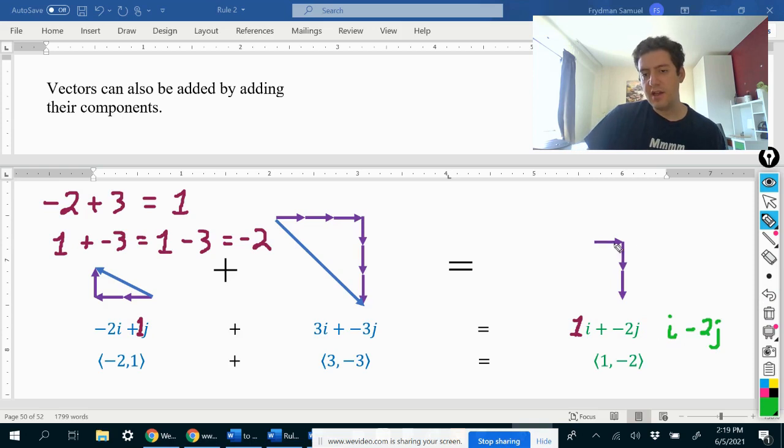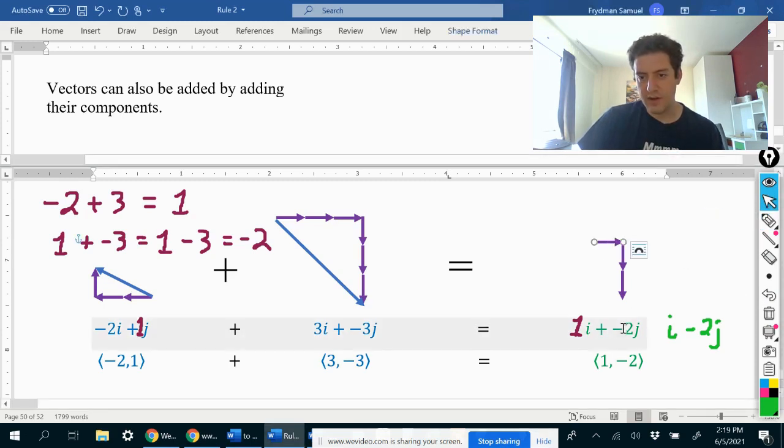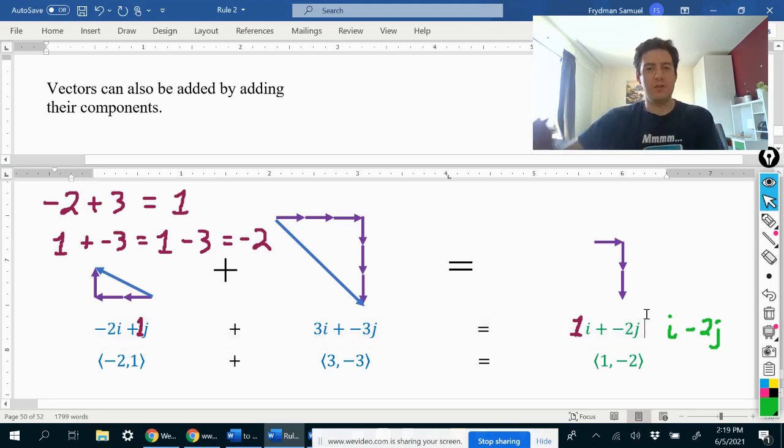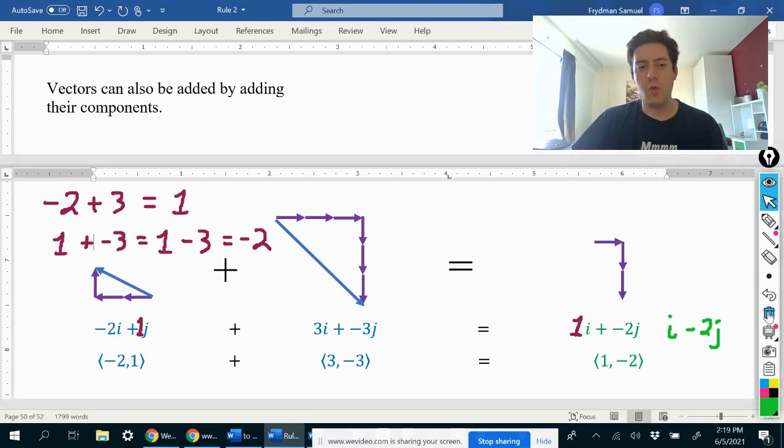But let's see where this came from. We can see that there is one i vector, and there are negative 2j vectors, meaning 2j vectors but pointing down instead of up. Okay, we can see that the final sum vector will have these components. But why? So let's talk about why now.